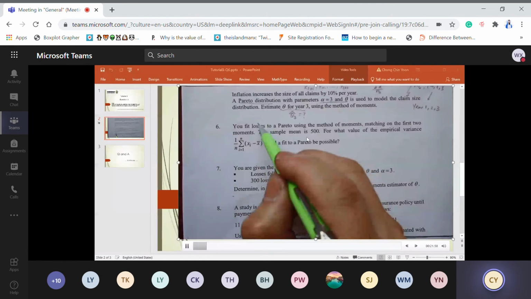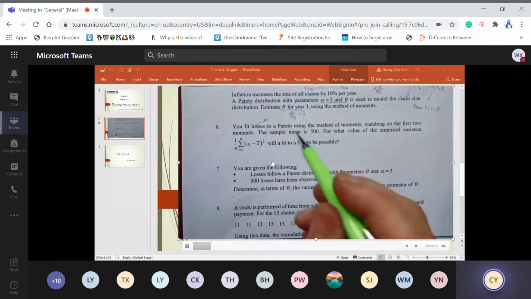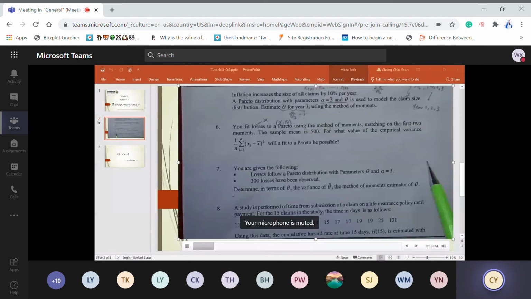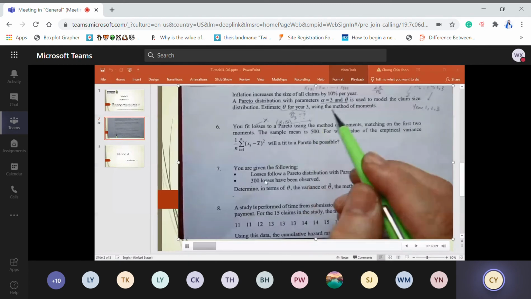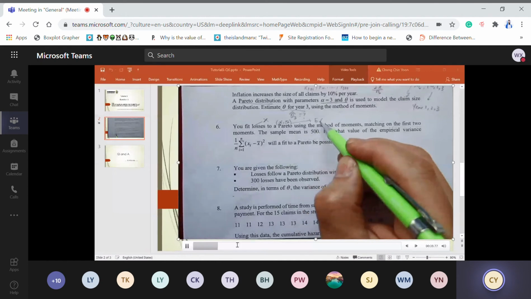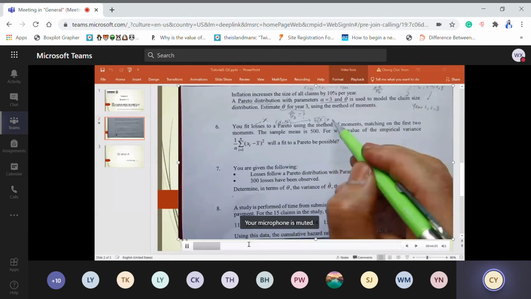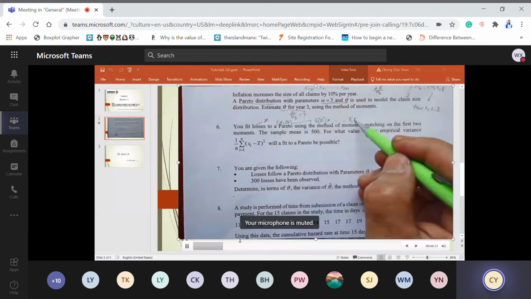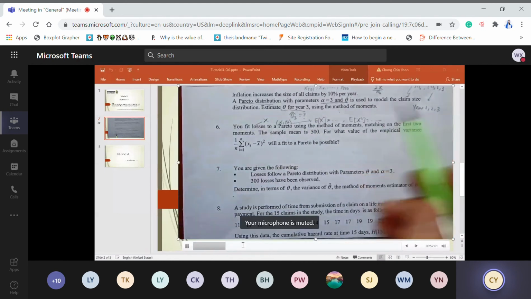So we let X be the loss random variable, which is Pareto distributed with the parameters alpha and theta. And from here, we can find the expected value of X in terms of alpha and theta, and also the second raw moment in terms of alpha and theta.